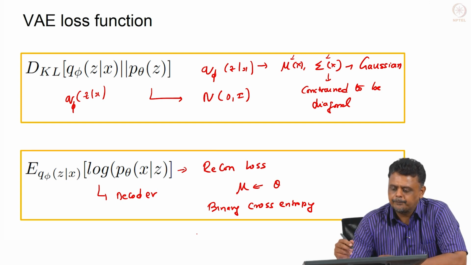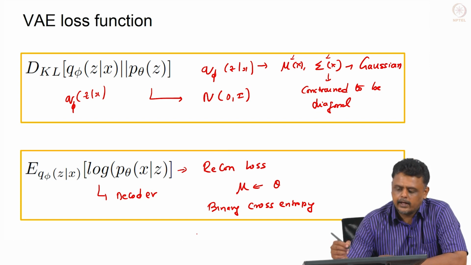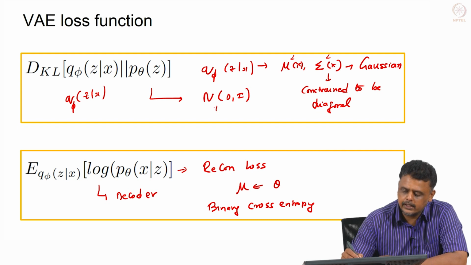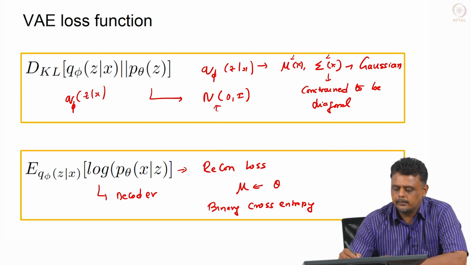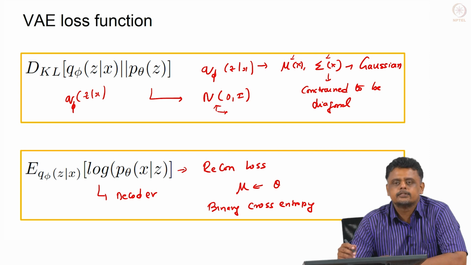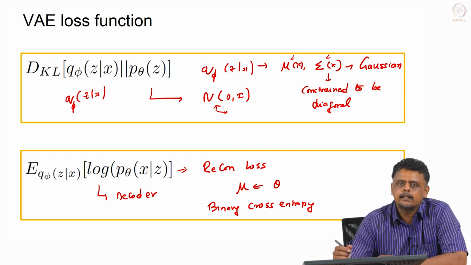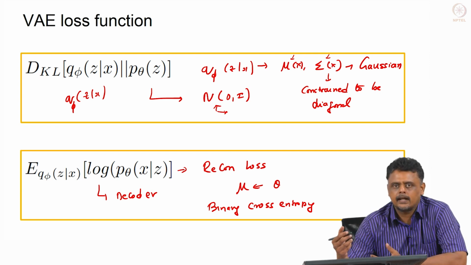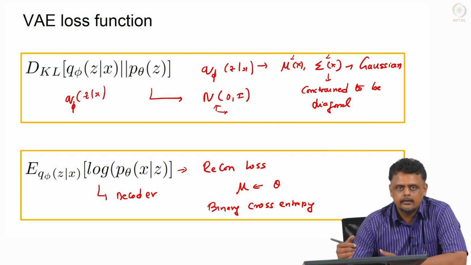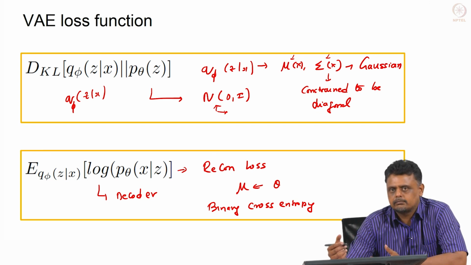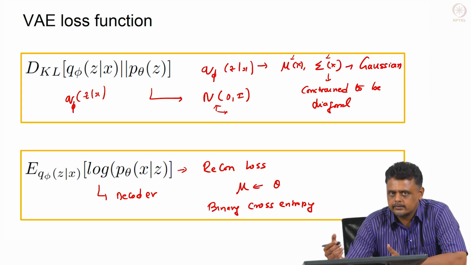Once again, this is essential because you can say, well, since you are constraining it to be drawn from a standard normal distribution, why do we even need the encoder network? You can always say I will just draw from Z and then try to reconstruct some arbitrary x.